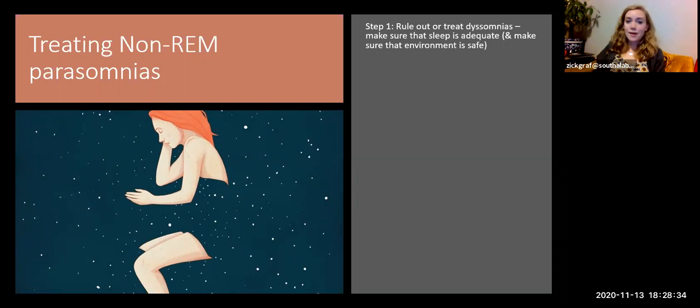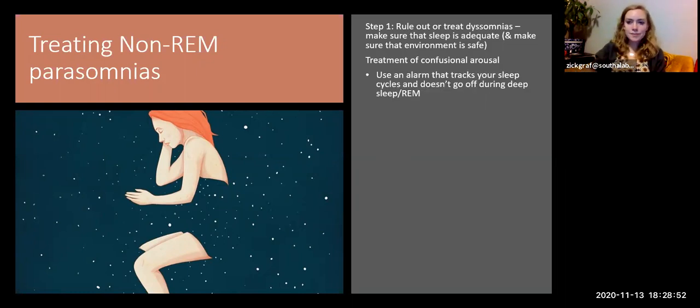It's also really important that if someone is sleepwalking, you do your best to make sure that the environment is safe, because you don't want them falling down the stairs or taking the car somewhere. So if you do this yourself, it's important to hide the car keys from yourself before bed, that type of thing. That's step one.